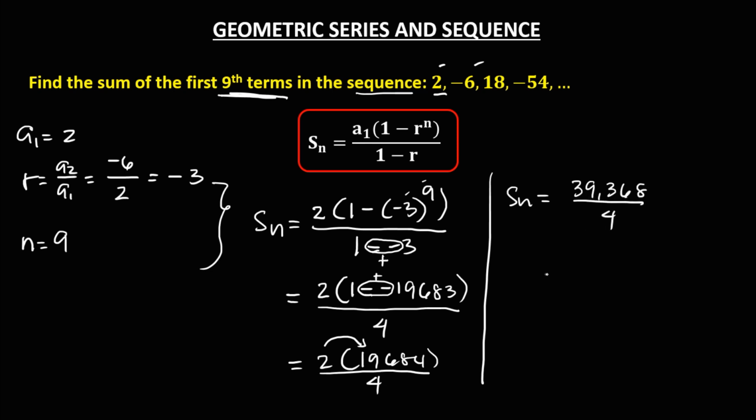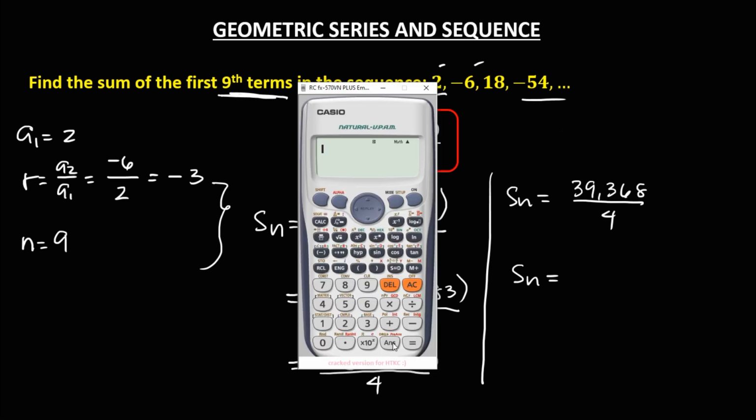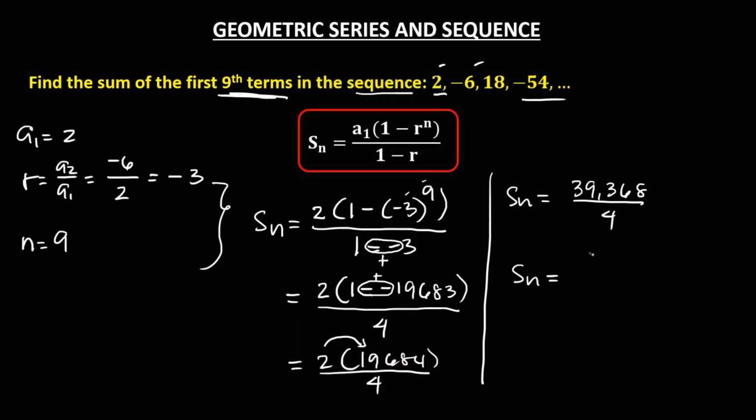Then divide by 4. So the sum of this sequence is 39,368 divided by 4, which equals 9,842.